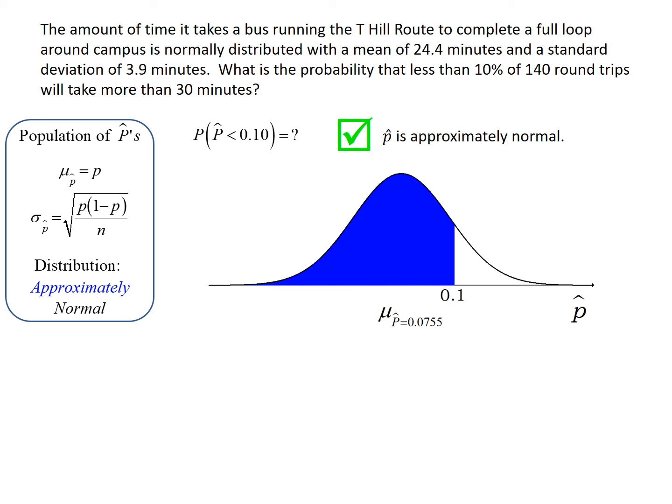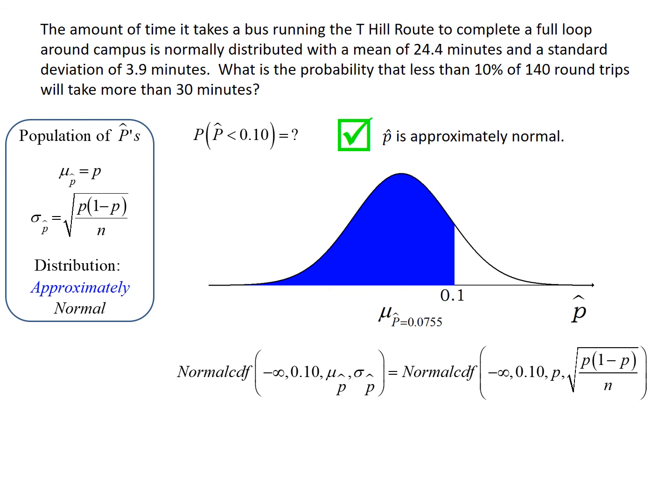So to find the probability that p hat is less than 0.10, we need to use our normal CDF from negative infinity to 0.10 with the appropriate mean and standard deviation for p hat. And those are given by p and the square root of p times 1 minus p over n respectively. We know that p is the actual probability that a single round trip takes more than 30 minutes, which is approximately 0.0755.